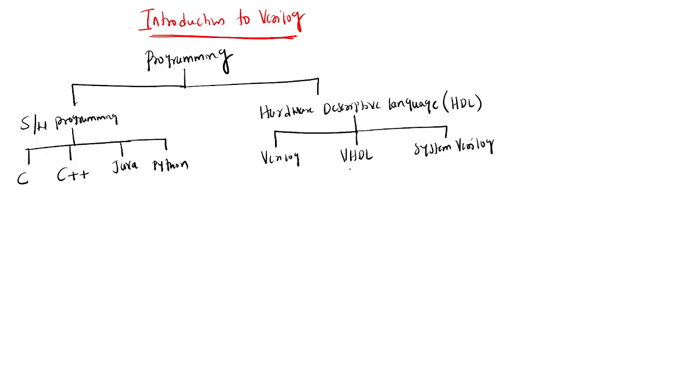VHDL is nothing but very high speed integrated circuits hardware descriptive language. What is the difference between software languages and hardware descriptive languages?